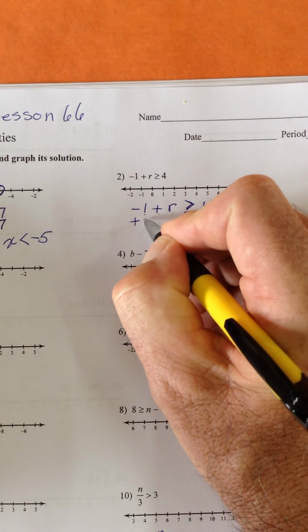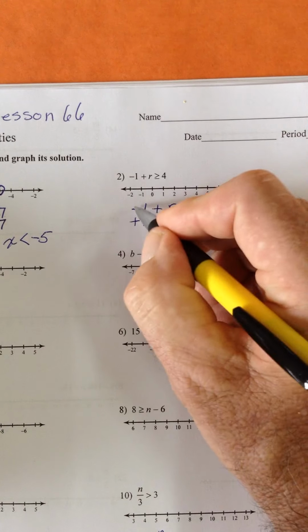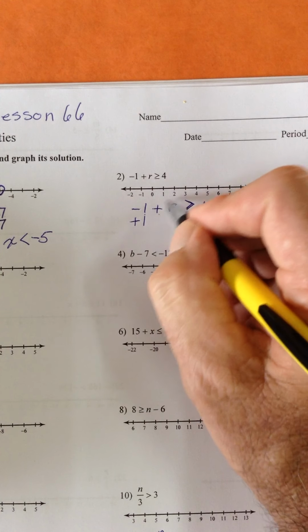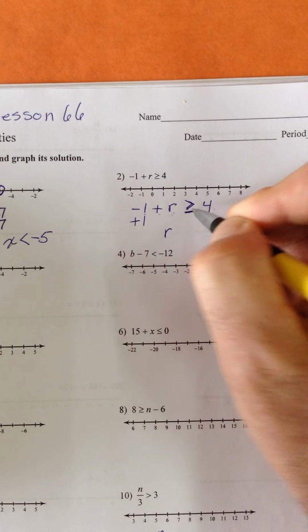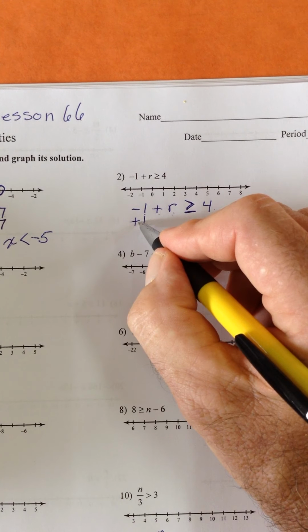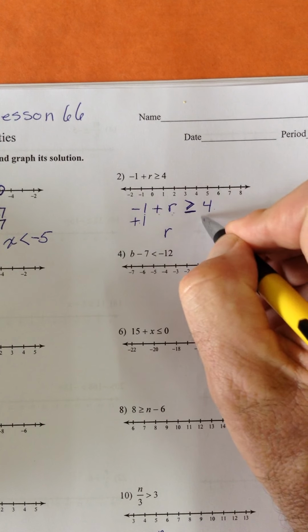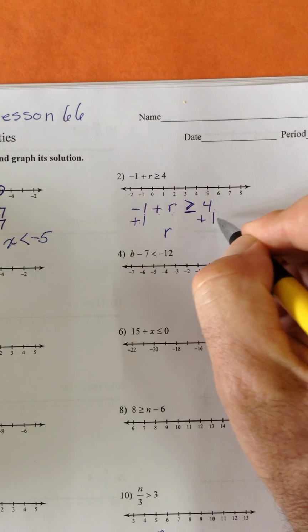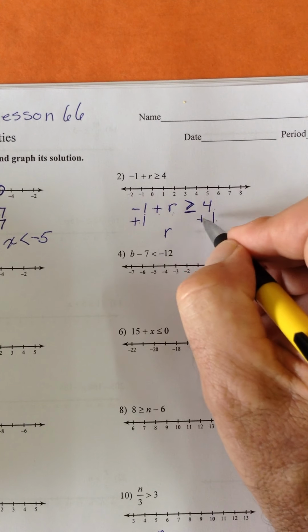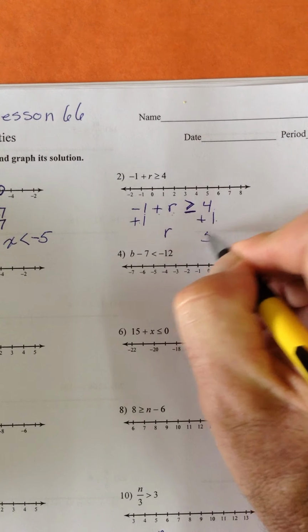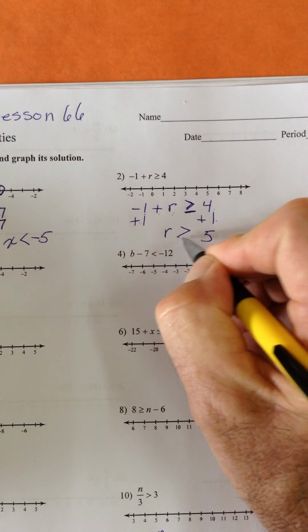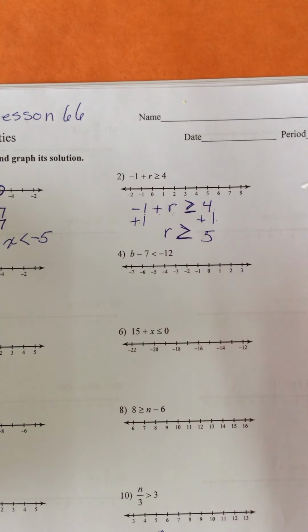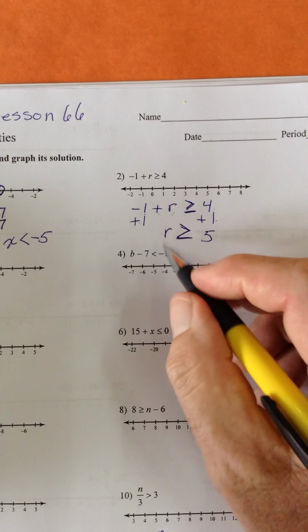So I go plus 1. So negative 1 plus 1, that'll be 0, and the r will be by itself. But since I did a positive 1 on this side, to keep it equal, I got to do a positive 1 on this side. I got to go 4 plus 1. So 4 plus 1 is going to be 5. And then my symbol. Okay? So now the r is by itself.